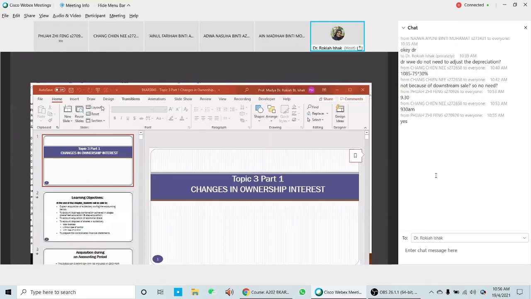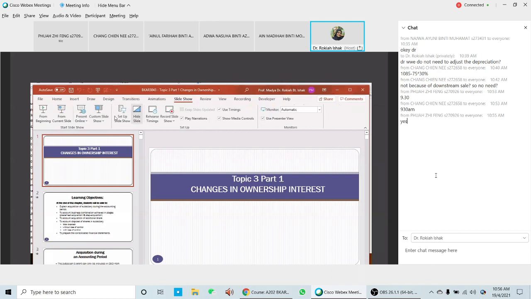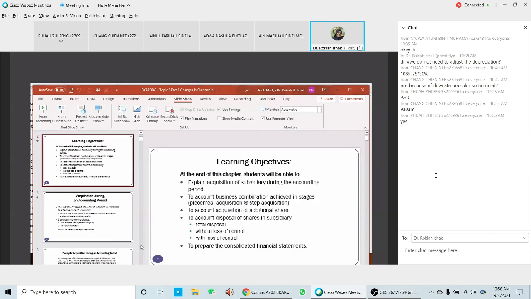We have to proceed because it takes about 10 hours to finish topic 3. There are so many things in topic 3. Last time we stopped at slide 15. I still remember slide 15, isn't it?